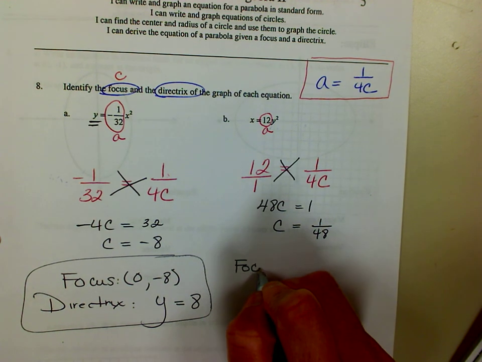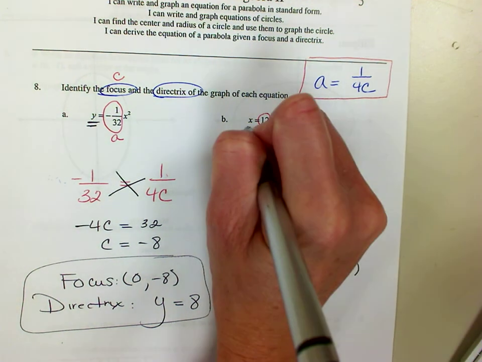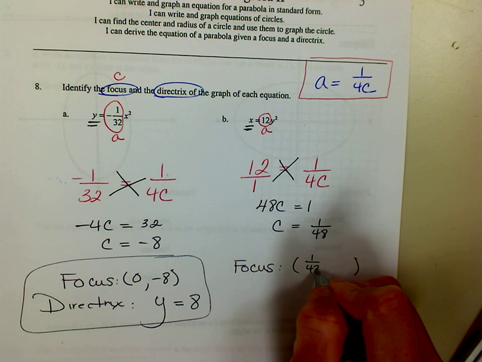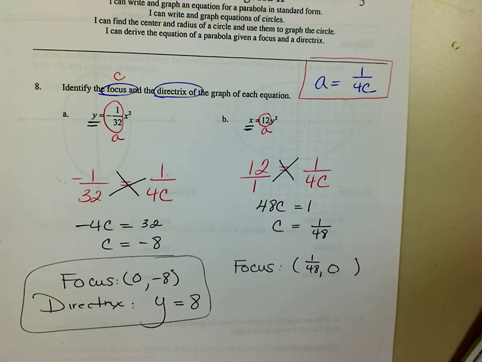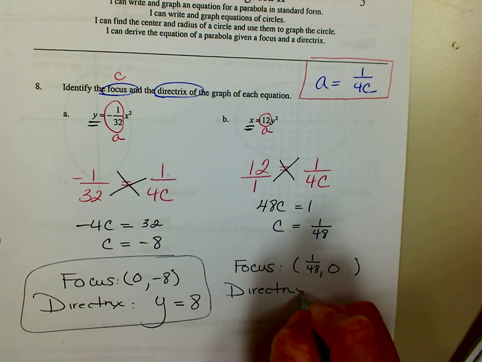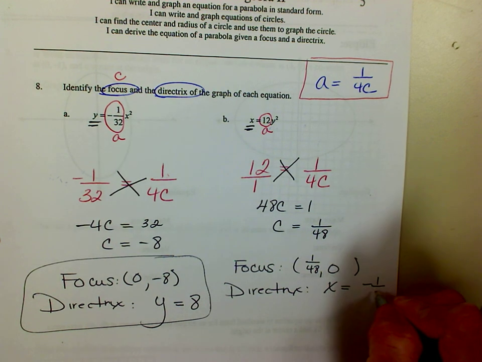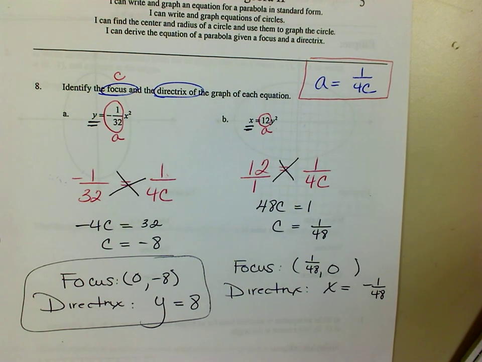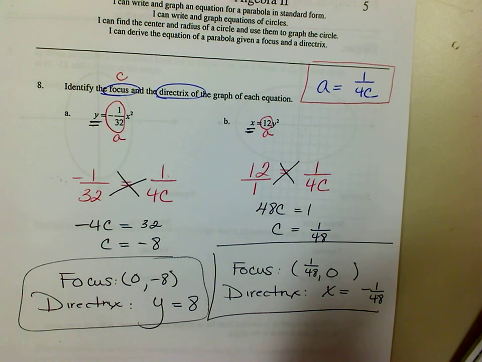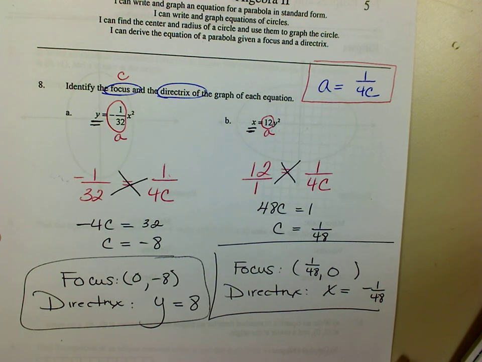But now I got to decide, does that go in the x spot or the y spot? Since it's x equals, that number goes in the x spot. Also, since it's x equals, the directrix is going to be x equals, but it's going to be the opposite sign, so negative 1 over 48. So those are my answers to B. So again, that was parabolas and circles.